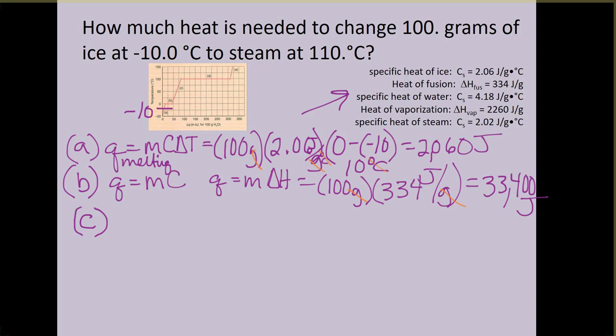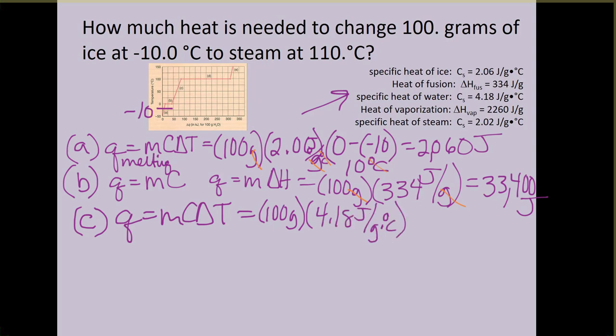This is area C. So our formula is Q equals MC delta T. So we're back with our temperature changing because I can see it going from 0 to 100. So mass is 100 grams. Our specific heat of water is 4.18. And our change in temperature, remember, it's final minus initial. So my final temperature is 100.